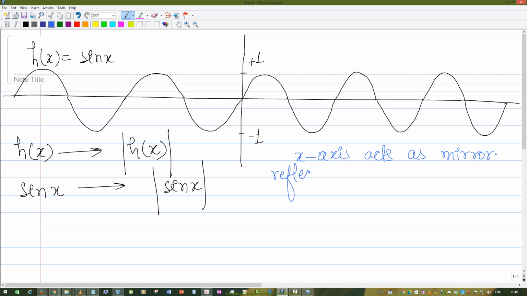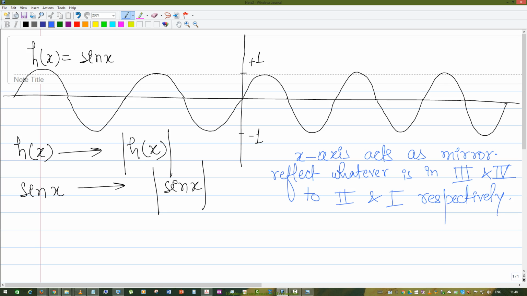Reflect whatever is in the third and fourth quadrant to the second and first quadrant respectively. And now all y will be positive.